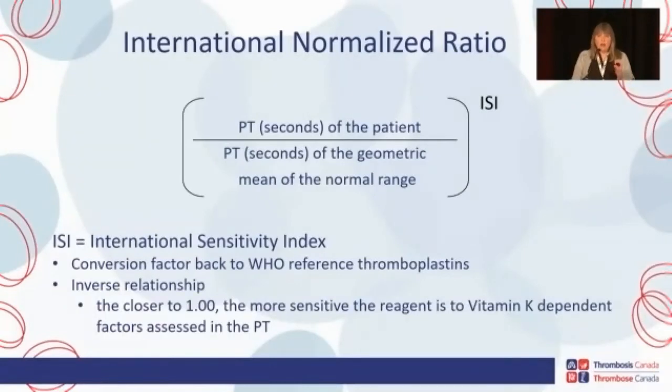And the ISI for our local reagent or the local lab that you're dealing with brings in calibrators and compares back to that WHO reference. And so the ISI brings us all back to that WHO reference. And this is where we get that international harmonization, if you will, by reporting the INR. It's an inverse relationship. The closer to 1 that the ISI is, the more sensitive your lab reagent is to differences in those vitamin K dependent factors assessed in the PT.